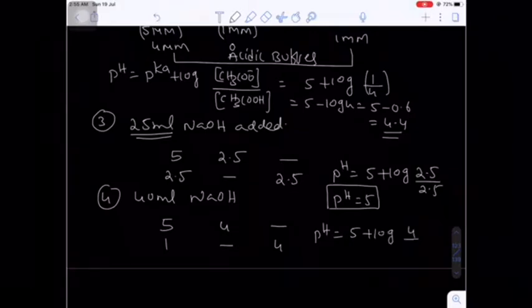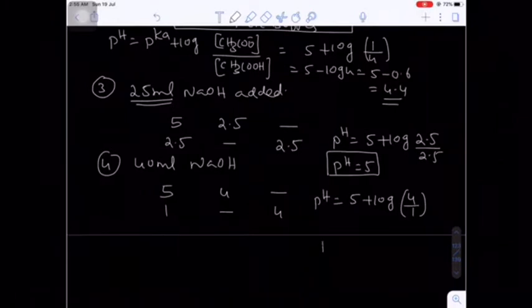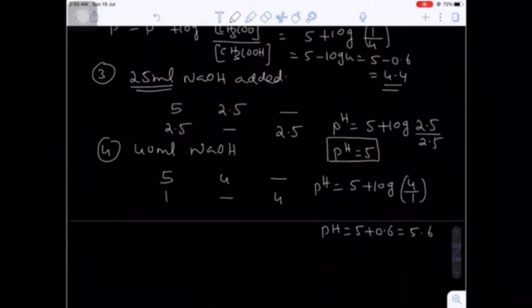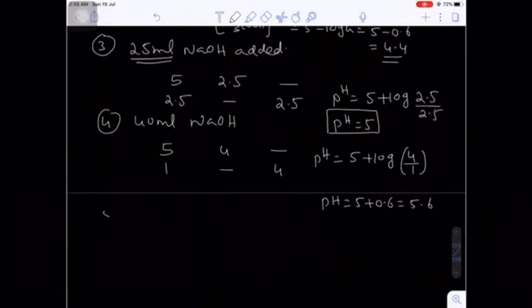What is the pH here? Again you have an acidic buffer, pH is pKa plus log of salt concentration by acid concentration. So the pH of the solution will be 5 plus 0.6, that is 5.6, after addition of 40 ml NaOH.